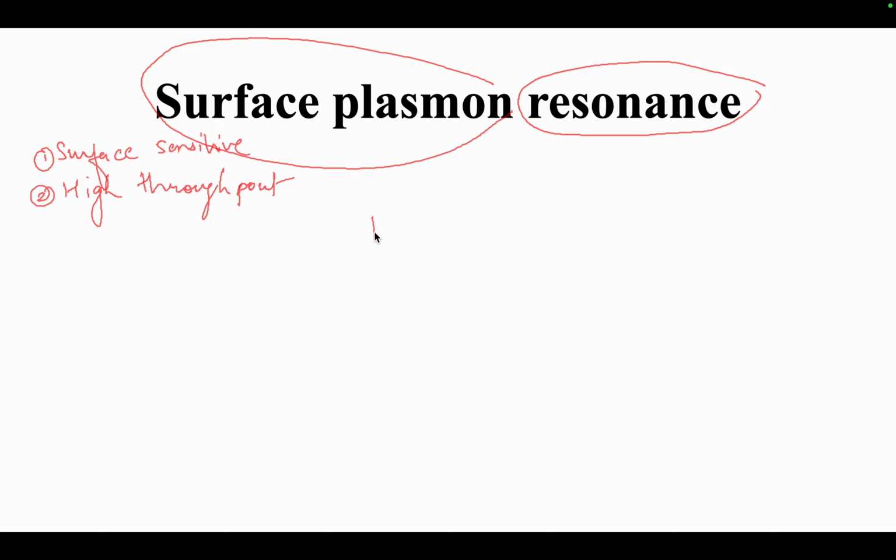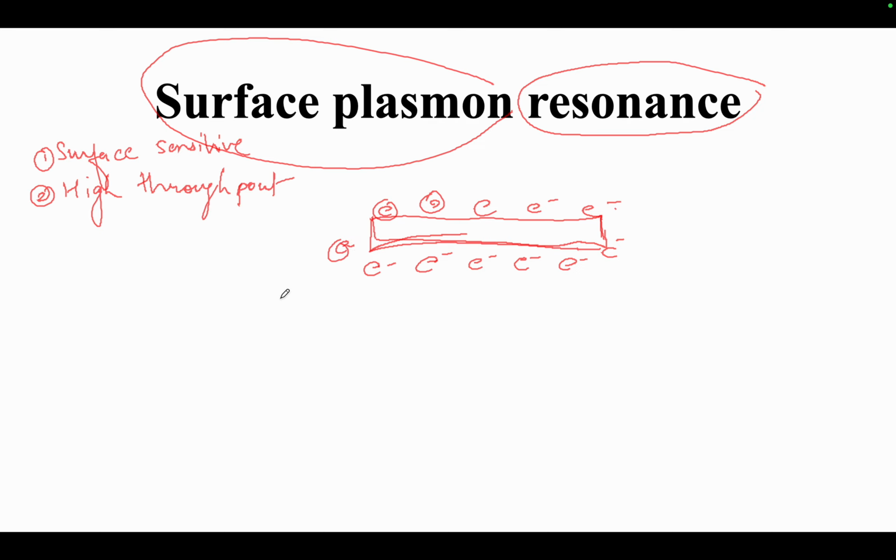Let's suppose we have a metal surface, say gold. It should be a metallic surface. This metallic surface will be covered in electrons, and these electrons will have a charge on them under the influence of a magnetic field.